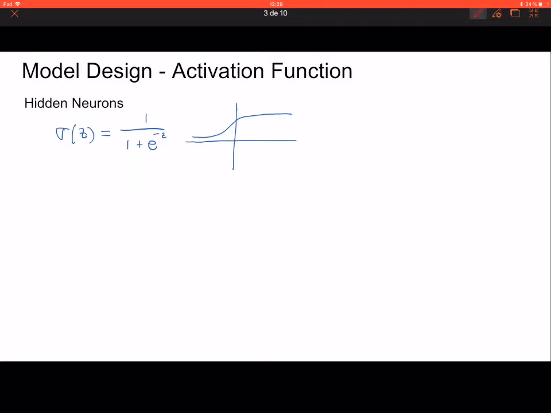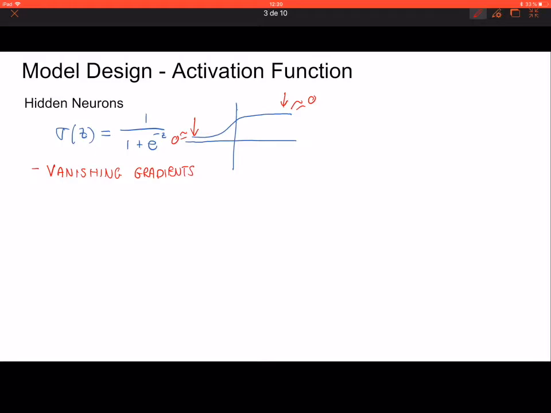Now, this is useful, but at the same time, if we look at the gradients in this region and this region here, they're very close to 0, because the slope here is pretty much horizontal. So there's one issue with this activation function, and it's called the vanishing gradients problem.